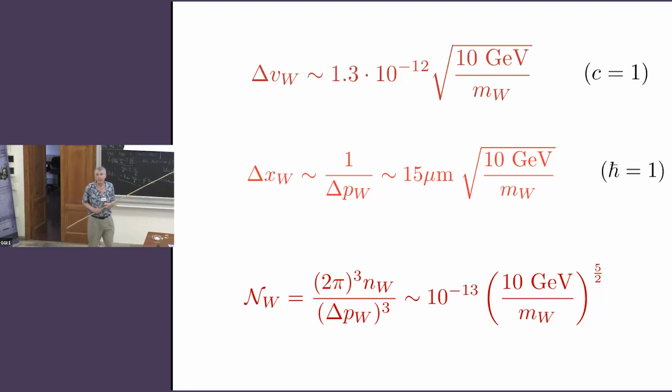That is roughly 1 kilometer per year. So they move very slowly. And the corresponding minimum dispersion in physical space is 15 micrometers. That determines a phase space density of 10 to the minus 13. And so, as you expected, the WIMP fluid is highly non-degenerate.